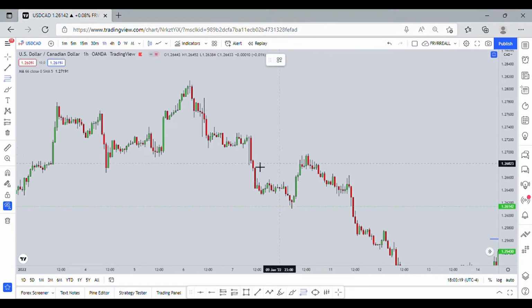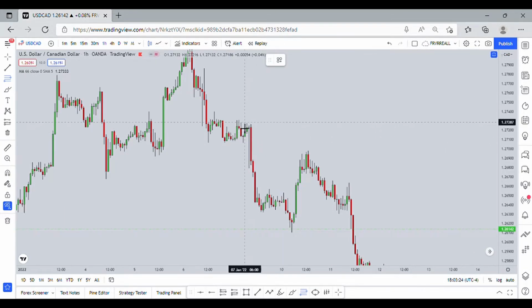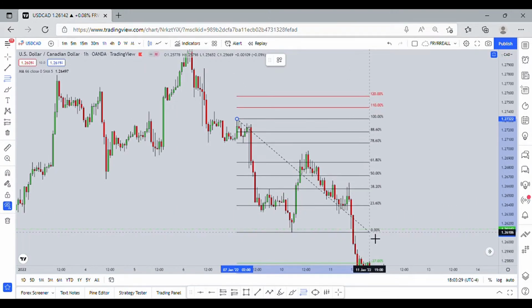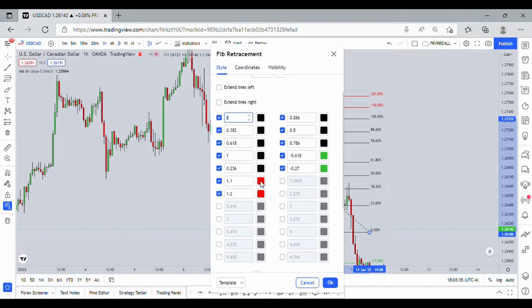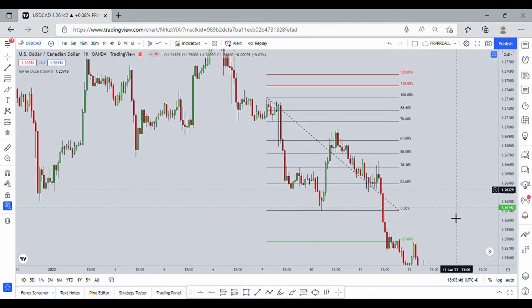So let's look at what the Fibonacci levels are. You simply connect this lower high to the next lower low, which is here. And for my settings, you can just pause the video and take a screenshot. So you connect the lower high to the lower low, and whenever you do that, you see the percentages to the side.